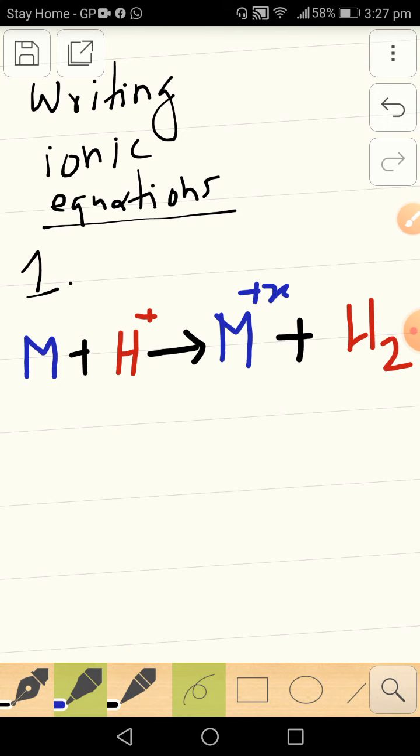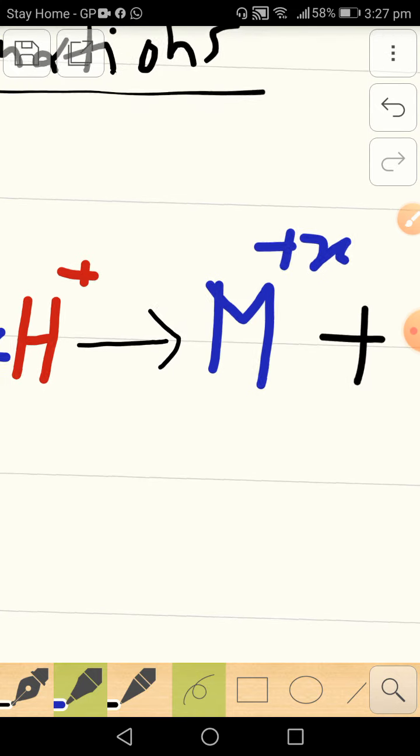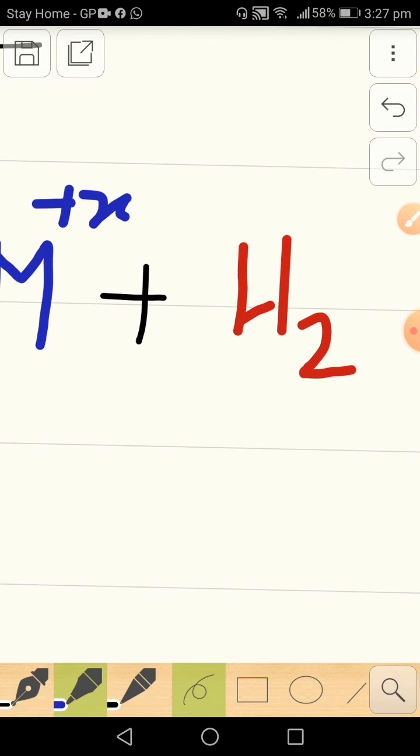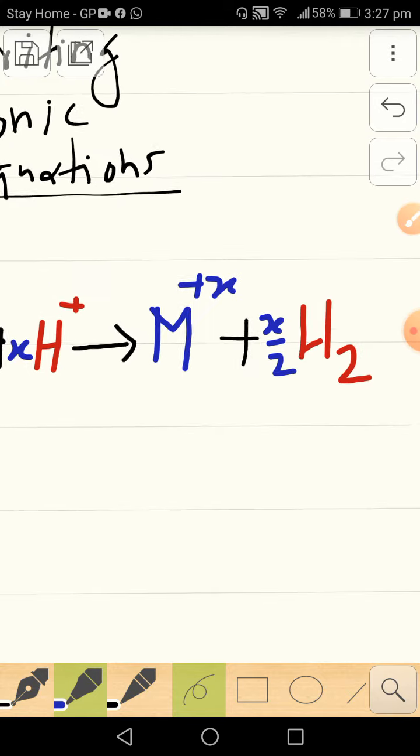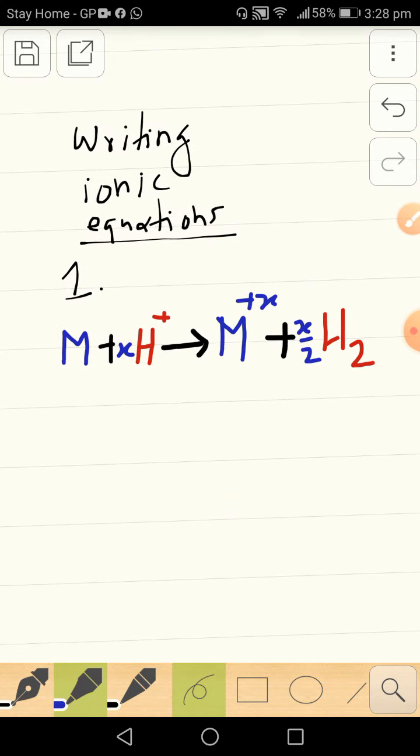If the valency of the metal is X, then we need X amount of H plus, and we will get X by 2 amount of hydrogen. Okay, so this is the ionic equation for the reaction between metal and acid.